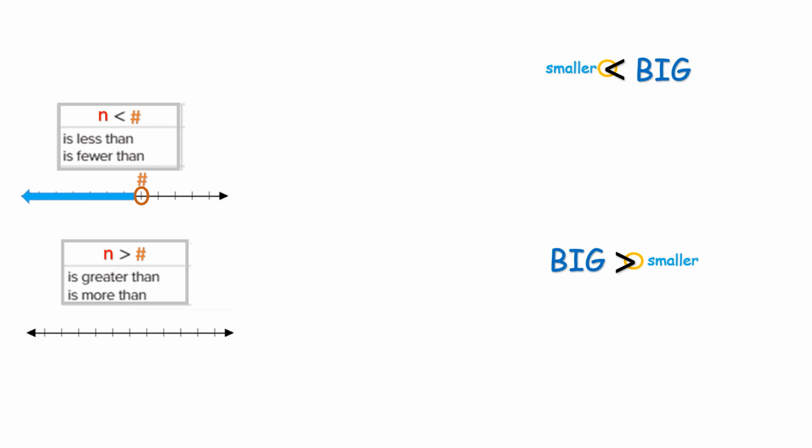Wherever the beginning number is, I'm going to circle it on my number line because that's the amount we're given. But I know it can't be equal to that, so I leave it as an open circle. Since n is greater than, all numbers that are greater than go to the right, so I fill in my arrow to the right.